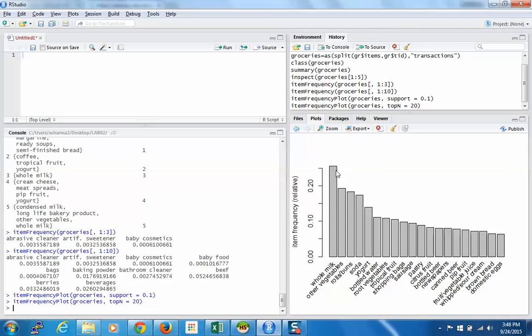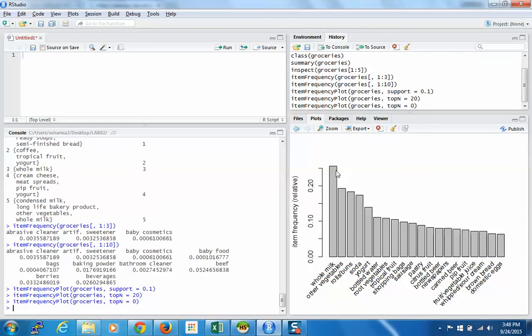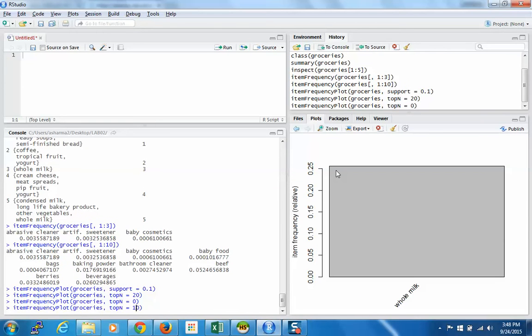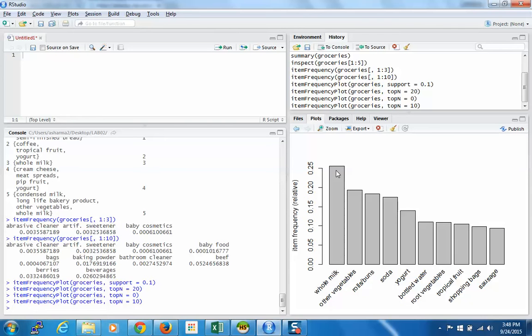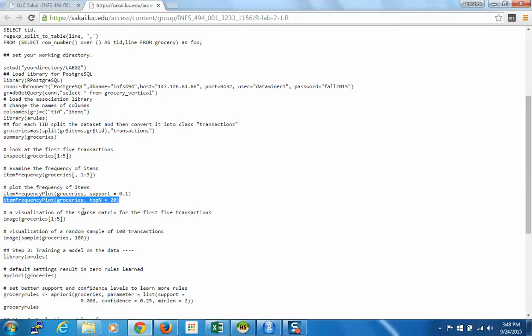The same itemFrequencyPlot command plots the items based on frequency. You can do it either by supplying minimum support, or by saying give me the top 10 or top 20. So if I do top 10, this gives me the top 10. This is another very useful function that I very often use.